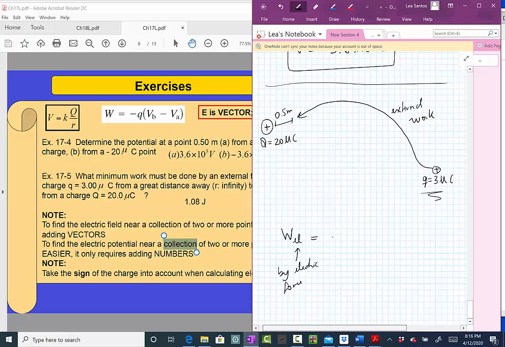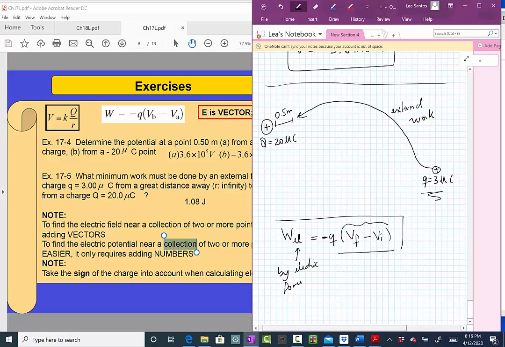This work is q times minus, final potential minus initial potential. For the negative charge, this q is minus, and we get a positive value. For the positive charge, q is positive, but the positive charge goes naturally from high potential to low potential, so this is negative, and again we get positive work.